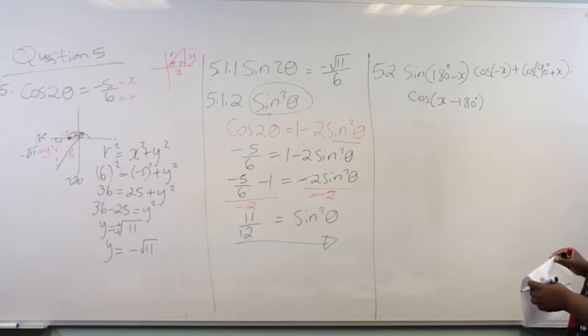Remember, this is on the same line. Having it like that, we must simplify and make sure that we get one trigonometric ratio.